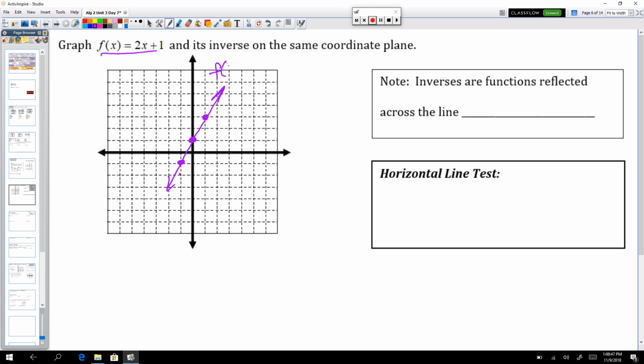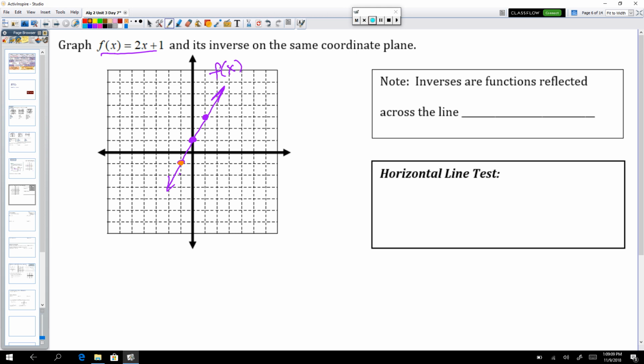This is f of x. Now, to graph the inverse, I can simply choose to collect points and swap the x and y values. So if the original point here is -1, -1, the new point will also be -1, -1, because if you swap, it's the same point.